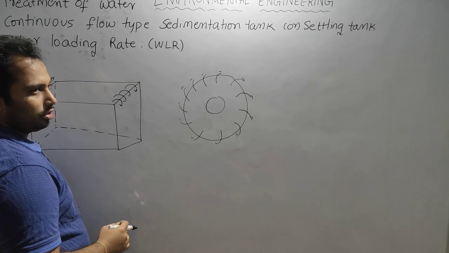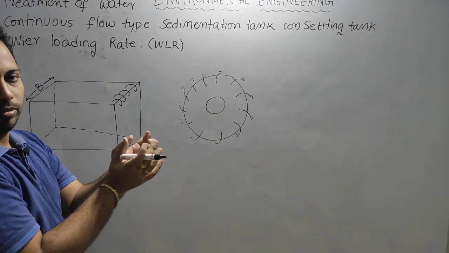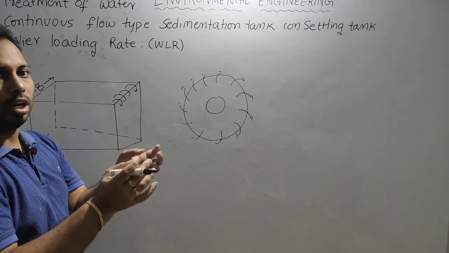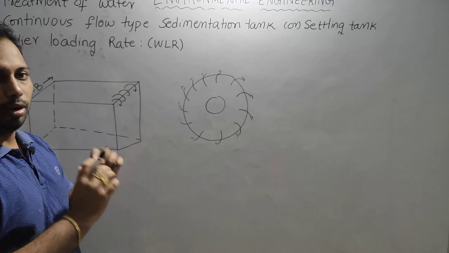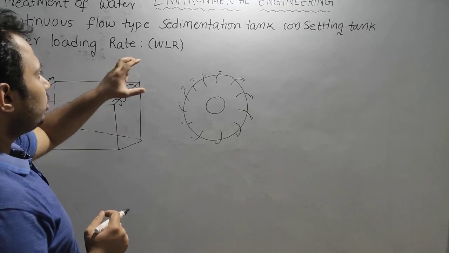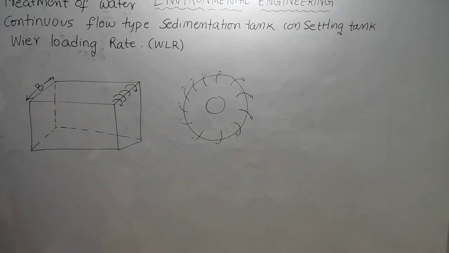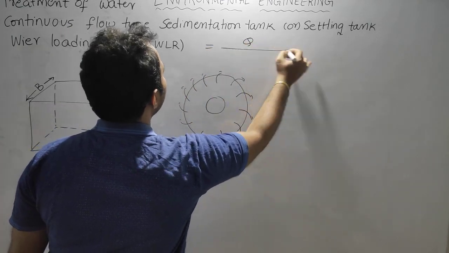So the wear loading rate is nothing but at the outlet, what is the discharge you are loading on it per unit area or per unit circumference, whatever it may be. So that is called wear loading rate. So wear loading rate is nothing but the discharge by length of the wear.